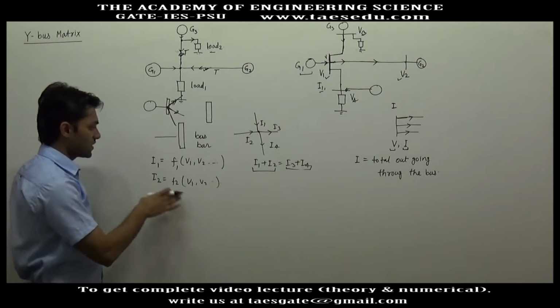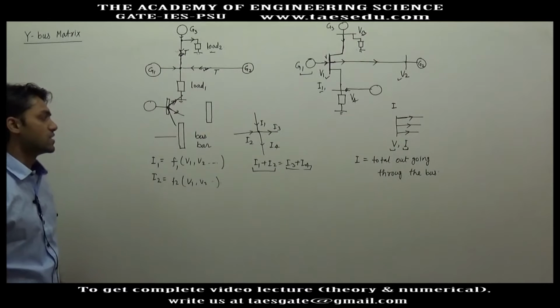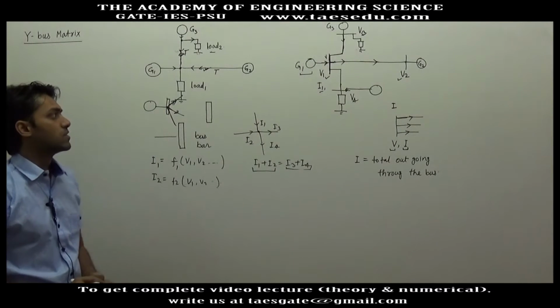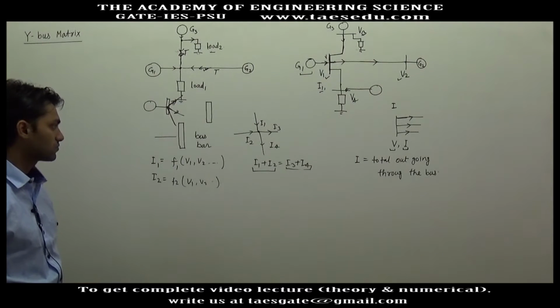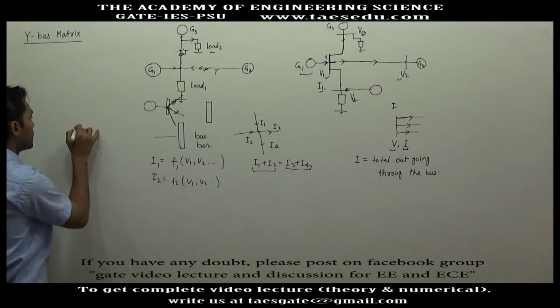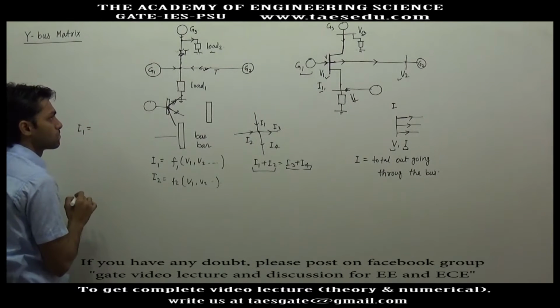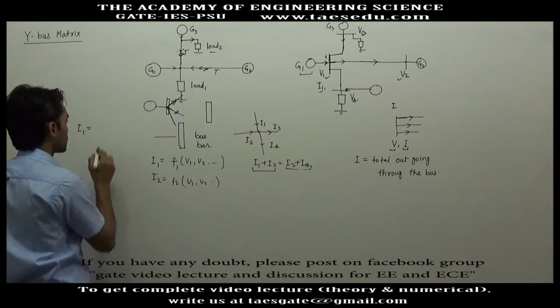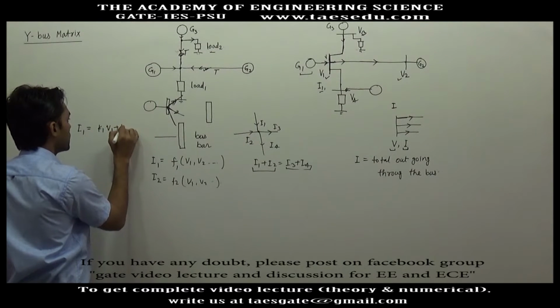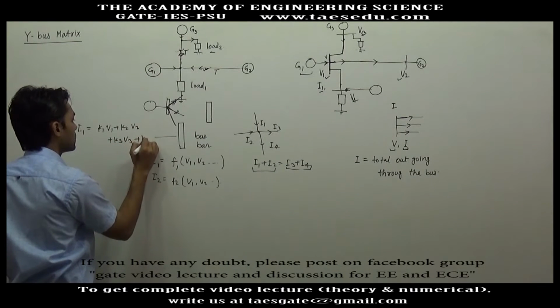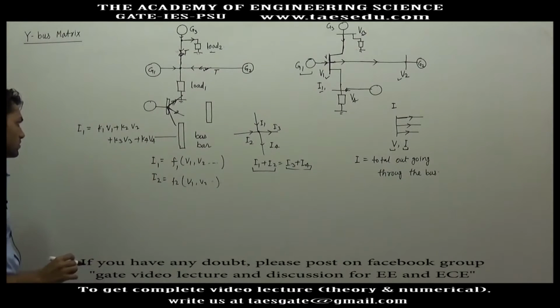And similarly, we can write this type of relation for voltages. The voltage at each bus will depend on the currents through all the buses. You may have an equation like I1 equals K1 V1 plus K2 V2 plus K3 V3 plus K4 V4, a linear function, and the unit of K1, K2 will be admittance.